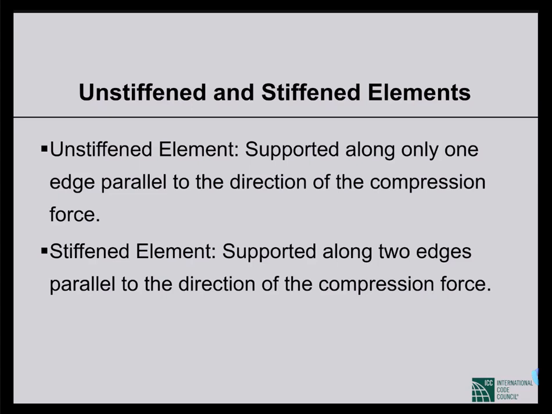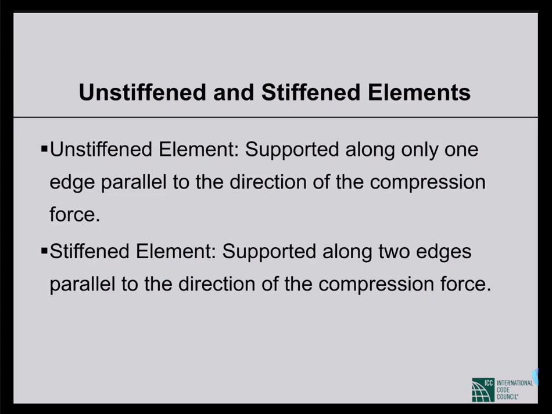So a flange in an I section, for moment about the strong axis, is an unstiffened element. But in case of a web in an I section, the web is connected along two edges, one with the top flange and one with the bottom flange.